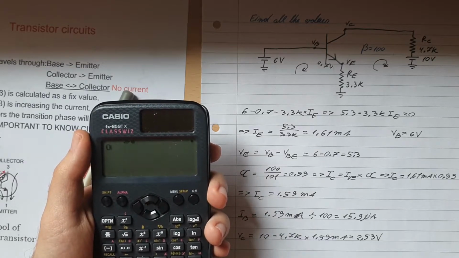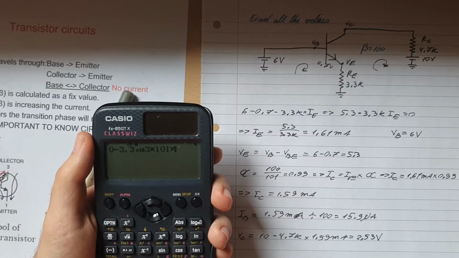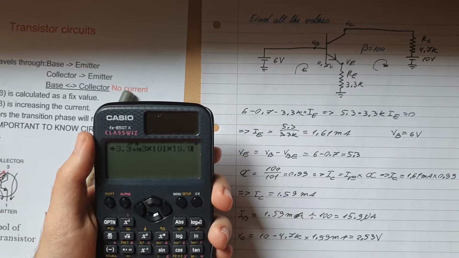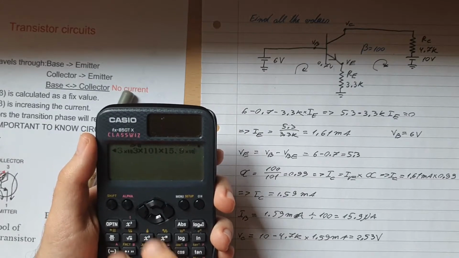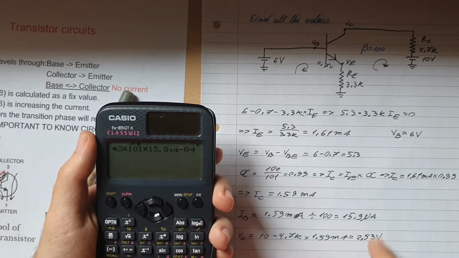So 0 minus 3.3 times 3 times 101 times 15.9 times 10 to the minus 6, minus VE.